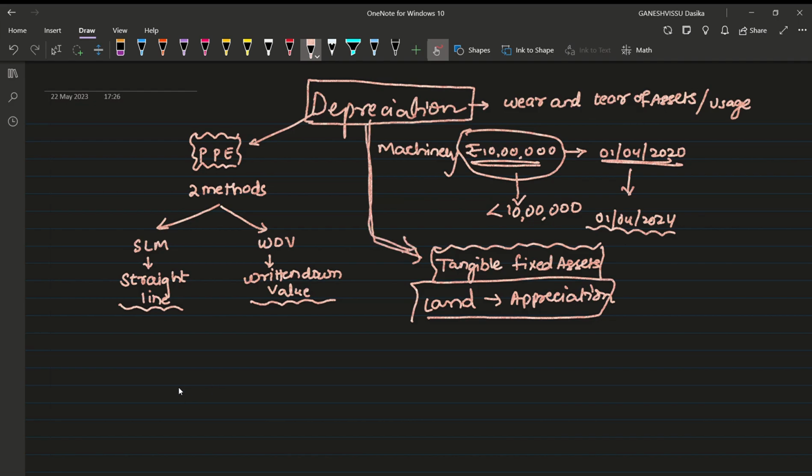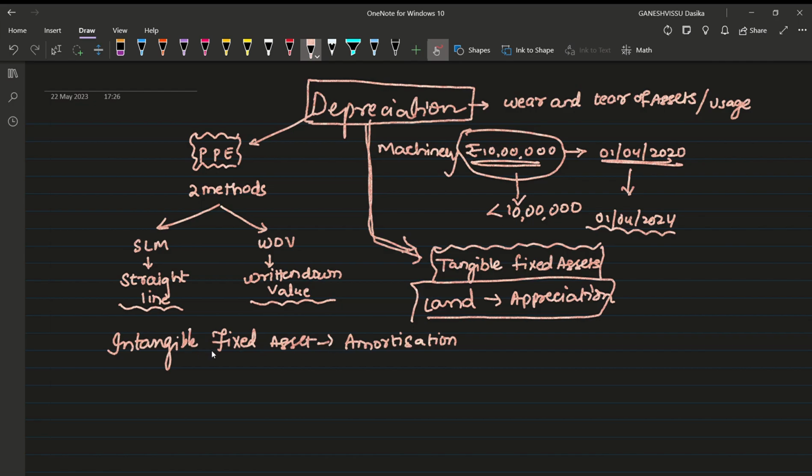And of course, in case of intangible fixed assets, it is known as amortization. I think you might have heard of amortization of bonds. That means decrease in the value of the bonds.